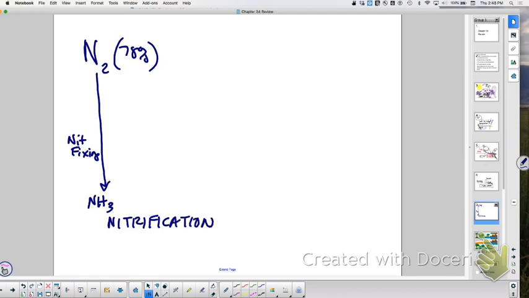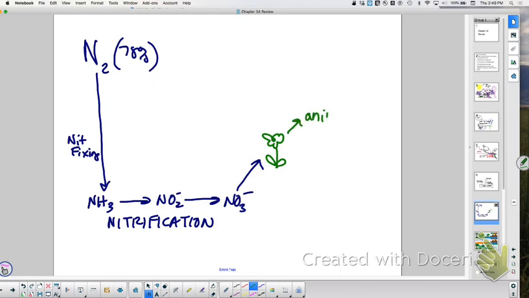nitrification, where this NH3 is converted to nitrites, and then what? Nitrates. Excellent. Who can use these nitrates? Plants. Plants can use these. Okay? And then who else can use these? Animals.